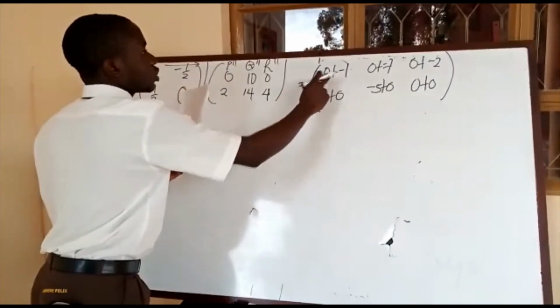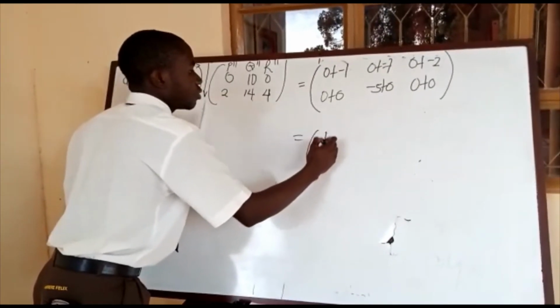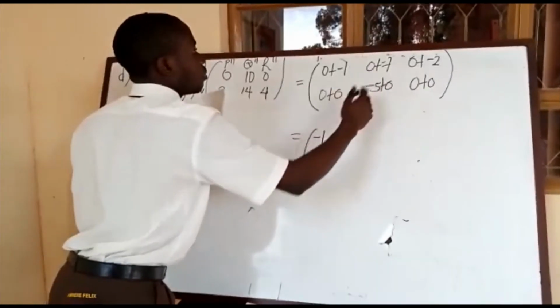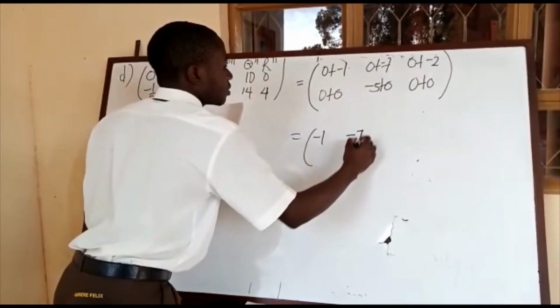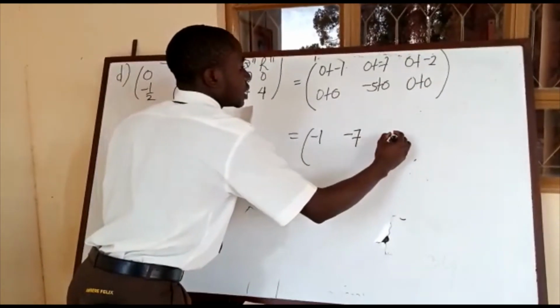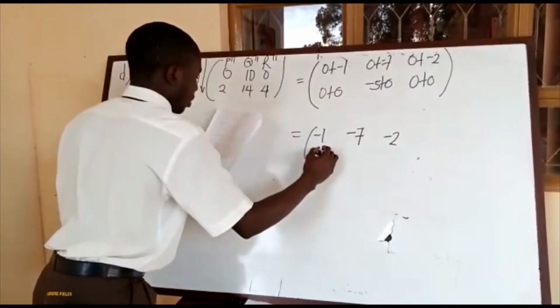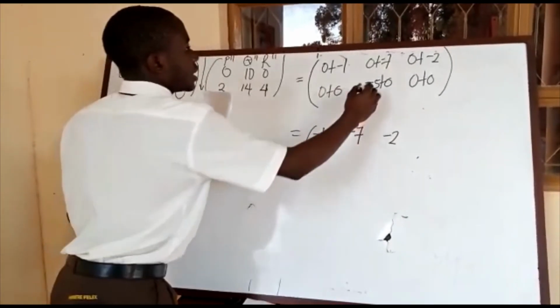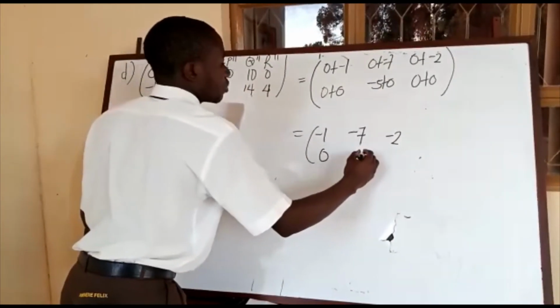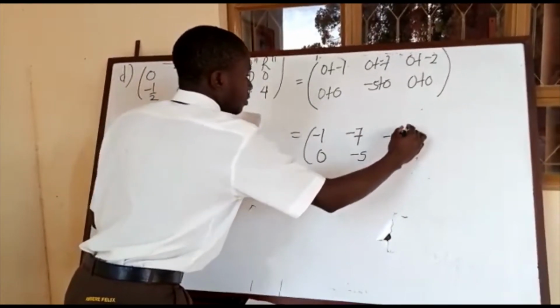So we have 0 plus negative 1, which is negative 1, 0 plus negative 7, which is negative 7, then 0 plus negative 2, which is negative 2, 0 plus 0, we have 0, negative 5 plus 0, negative 5, then 0 plus 0, we have 0.